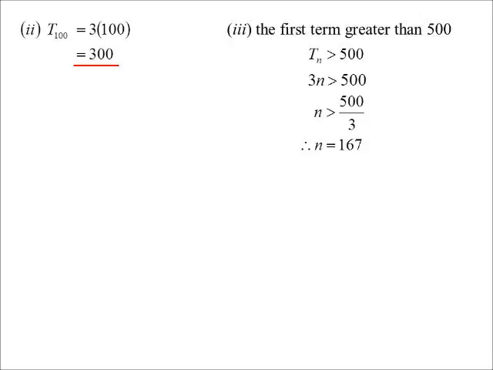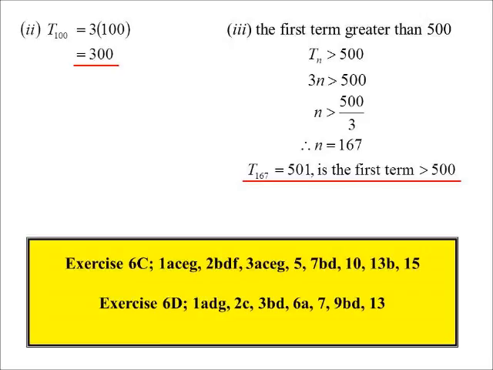So the first whole number that's bigger than 500 on 3: 167. Because 500 over 3 turns out to be 166 and how many thirds? 2/3. So 167 is the first whole number bigger. And that particular term turns out to be 501. Okay, now that is from our Cambridge.